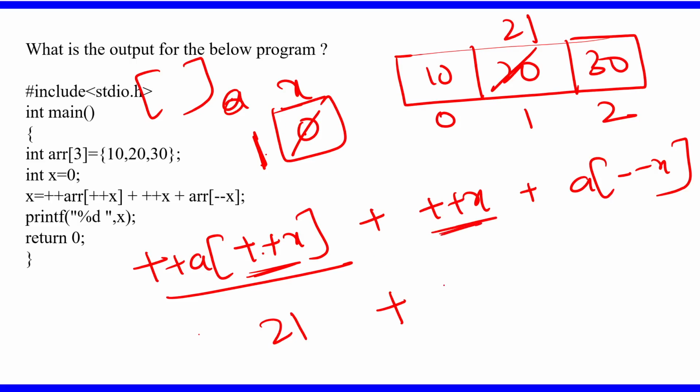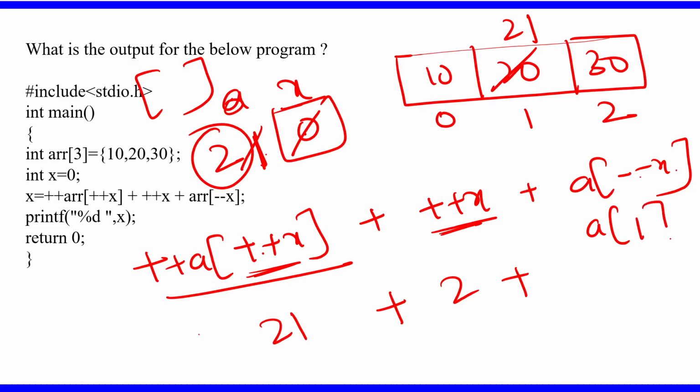What is x value now? 1, but this is pre-increment, so x value becomes 2 plus. Now again a of minus minus x, current value of x is 2, minus minus x means pre-decrement, right? So this becomes 1. What is a of 1 value in the memory? 21. Therefore 42 plus 2, 44. Okay, right.